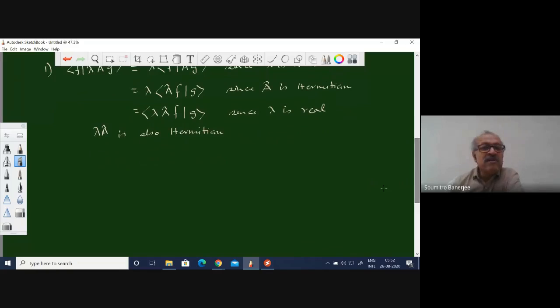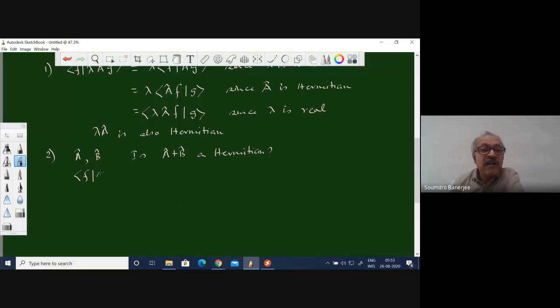Rule number 2 is, if I have one Hermitian operator A and another Hermitian operator B, then is A plus B Hermitian? Well, let us simply work it out by putting in the same kind of equations.